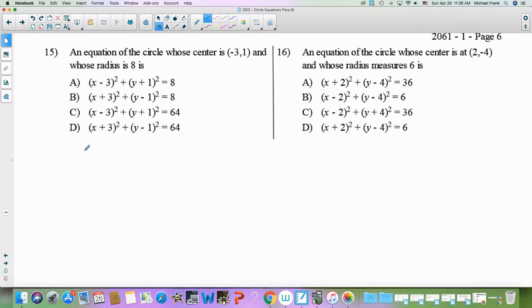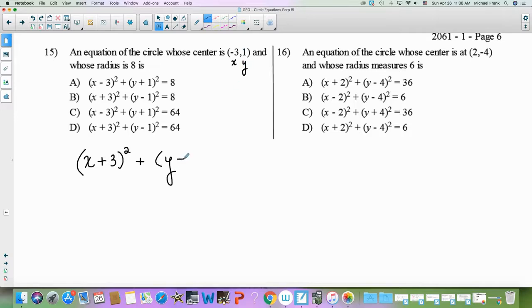Okay, so let's start with opening up a parentheses when 0, 0 is not the center, and I'm going to put my x here. I see that the x value here is -3, so I'm going to do the opposite, which is +3. It's as simple as that. Squared. Plus, open up a parentheses here and go to my y. I see that my y value here is +1.